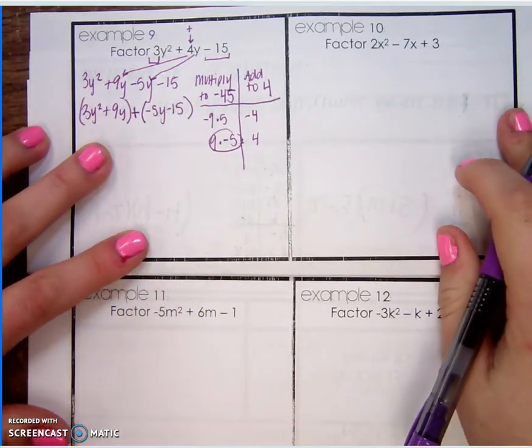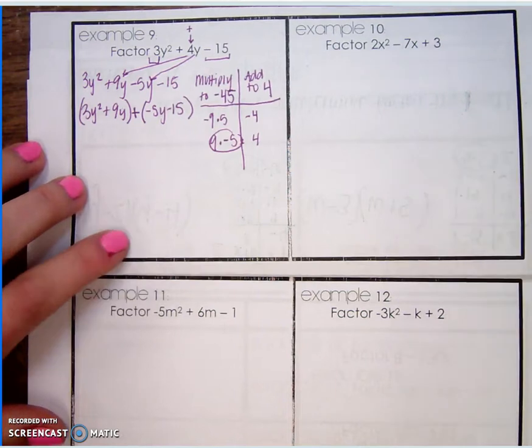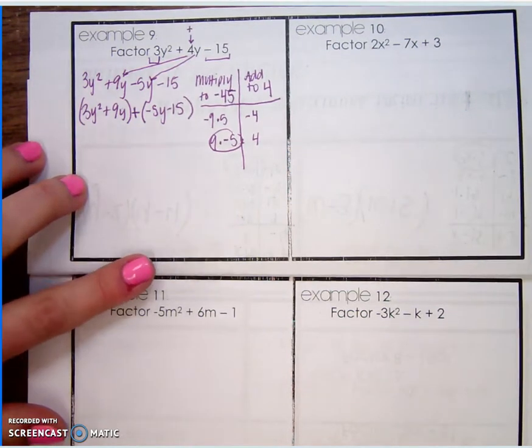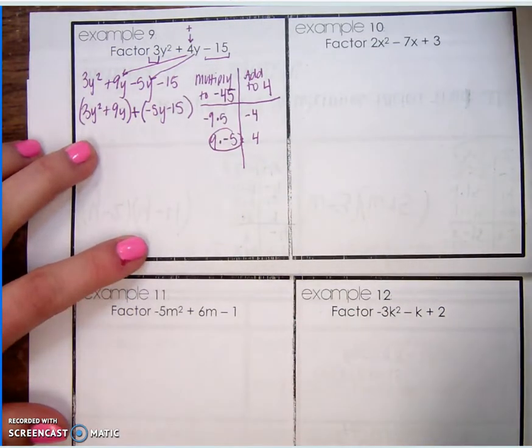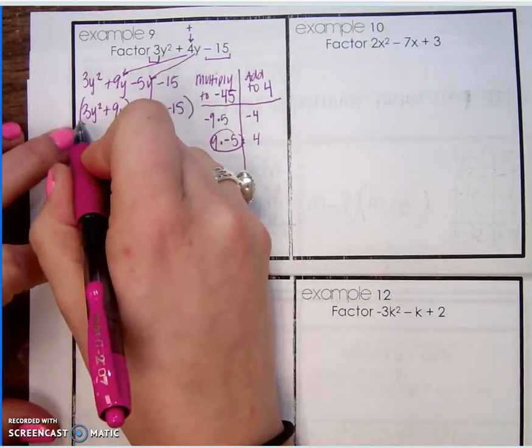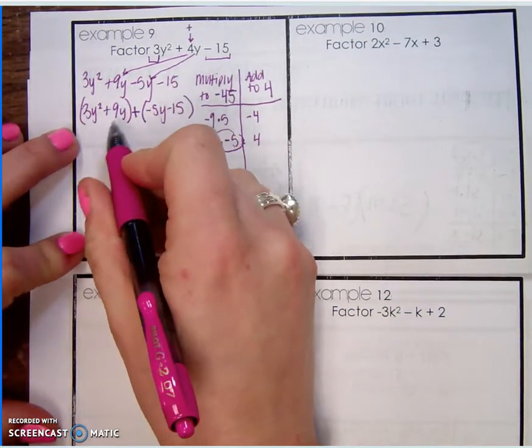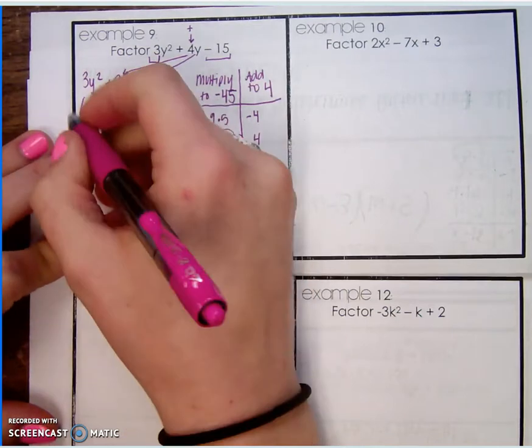Now we're going to use what we did in the previous lesson, our greatest common factor. I'm going to factor within these two binomials. What can I pull out of 3y squared and 9y? I can pull out a 3y.